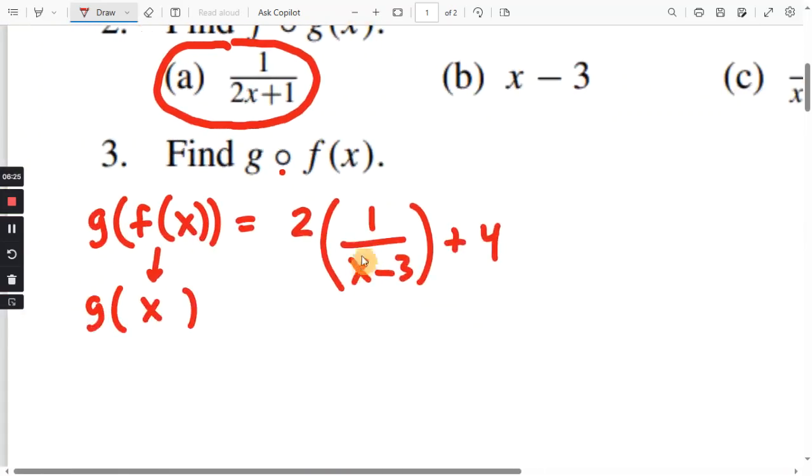This was x right here. This thing right here was x, and I just plugged in this whole thing. So use parentheses. And pretty simple from there. 2 times 1 is just 2, that's divided by x minus 3, and we still have plus 4.